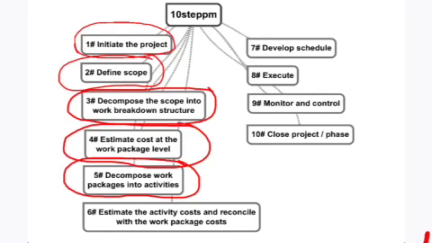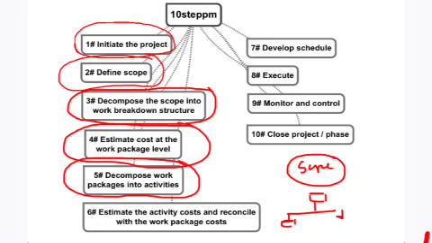Activities are the most granular level, one step below the work packages. So if you really want to understand, we had the scope, and the scope got decomposed into a work breakdown structure, and then work packages got decomposed further into activities. So this was the sequence.